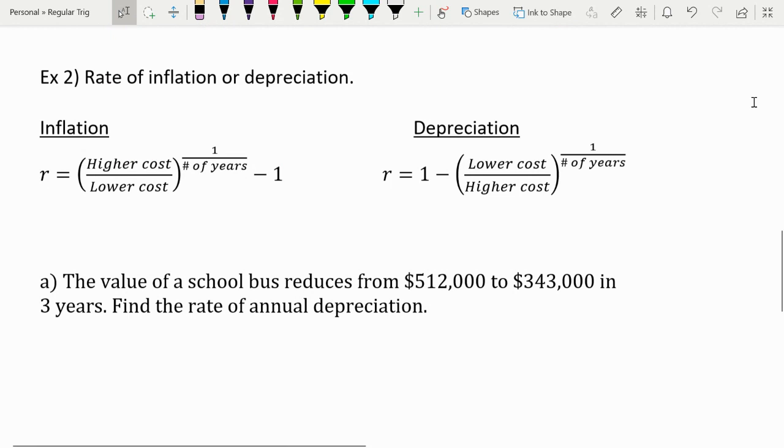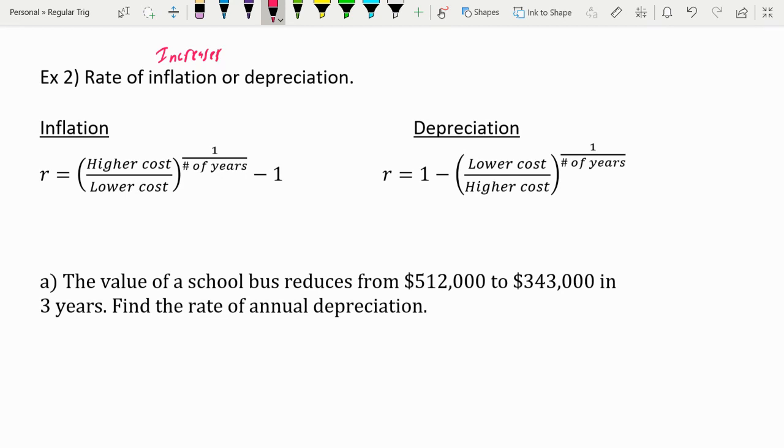All right, so now we have some rate of inflation or depreciation word problems. All that means is inflation is price increases. So the price of something increases, like a car.